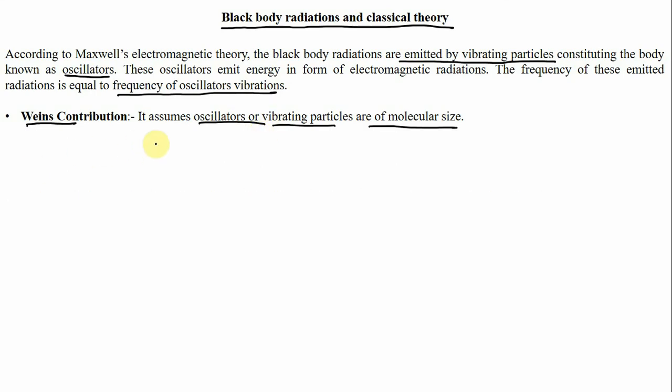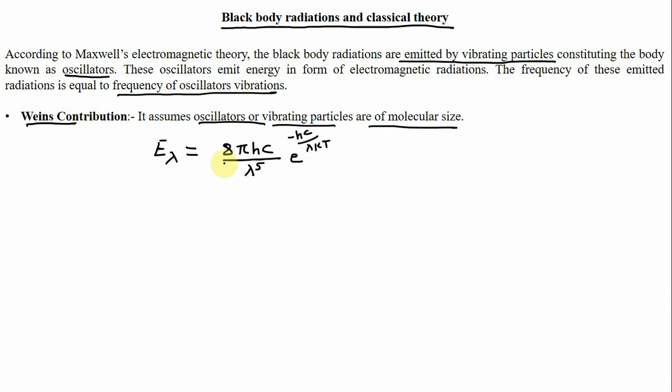The expression for the energy of black body radiation according to Wien is E lambda equals 8 pi hc divided by lambda to the power 5, times exponent of minus hc upon lambda kT. So this energy expression was derived by Wien.